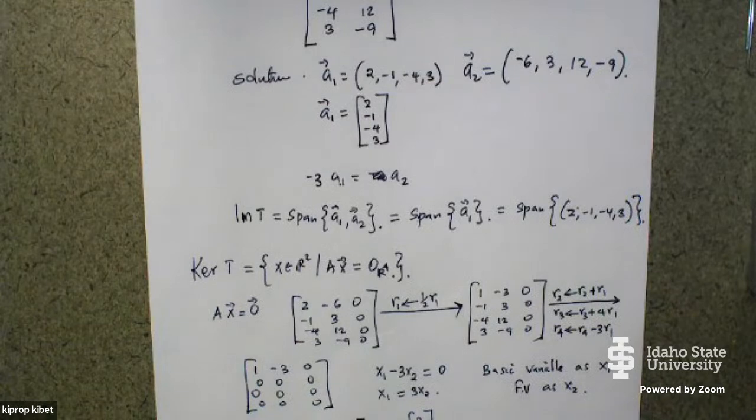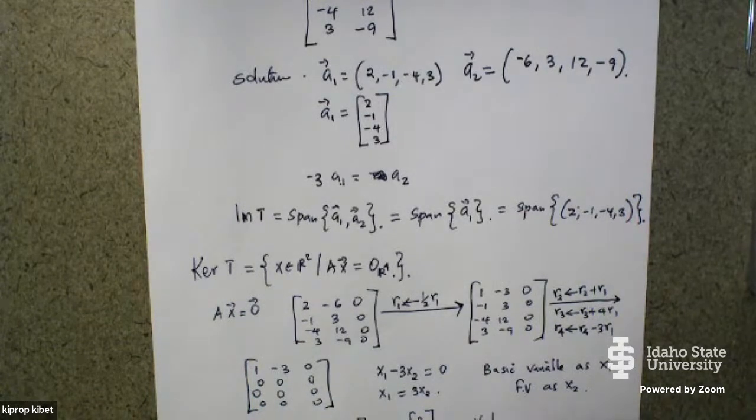So our null space of A is equal to the span of this vector, which is just (3, 1).